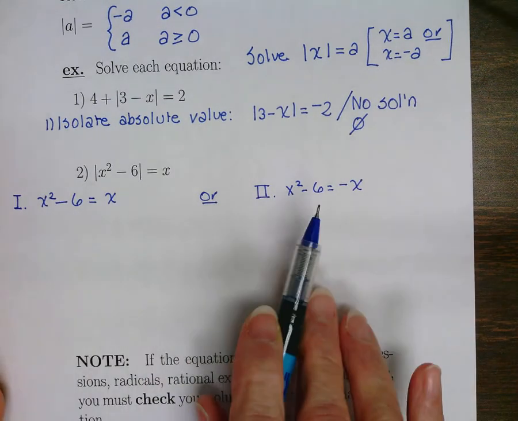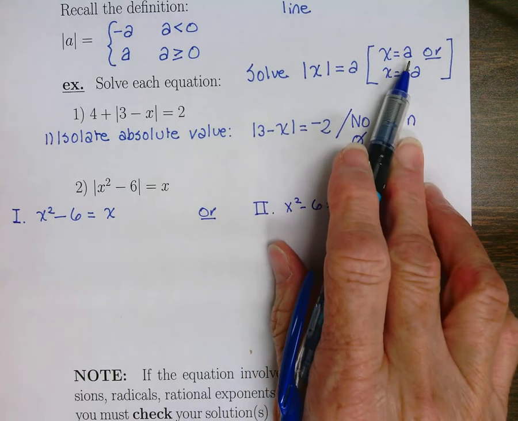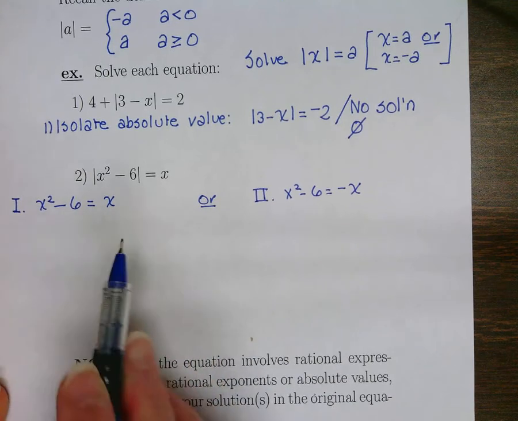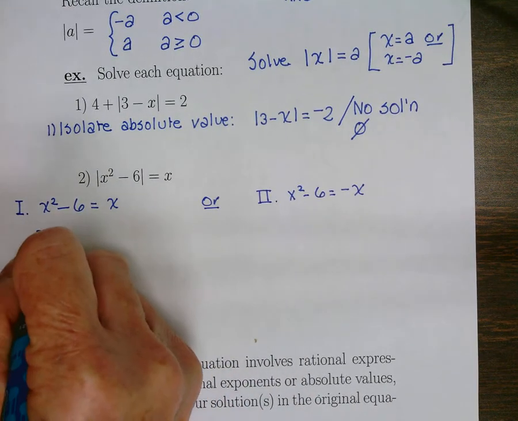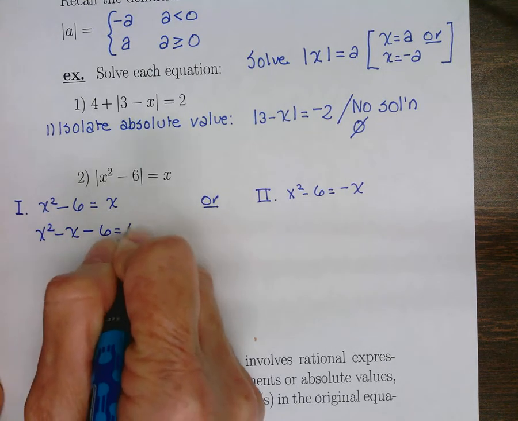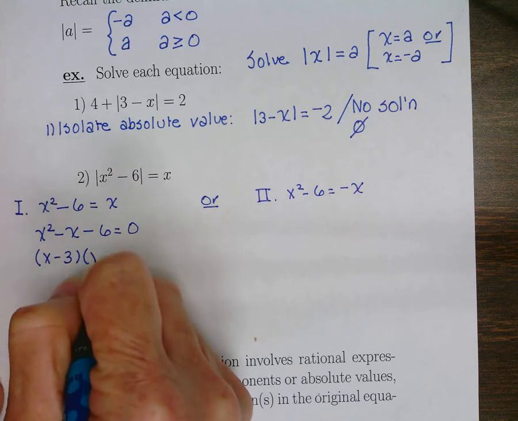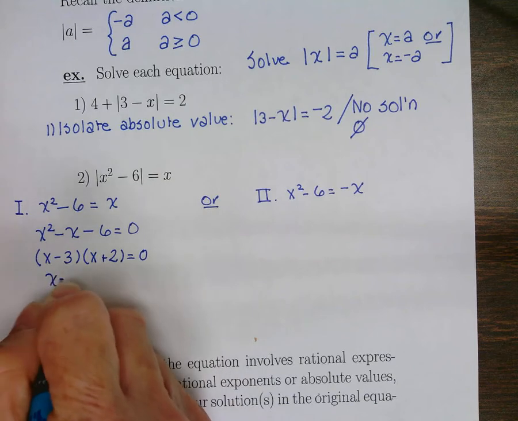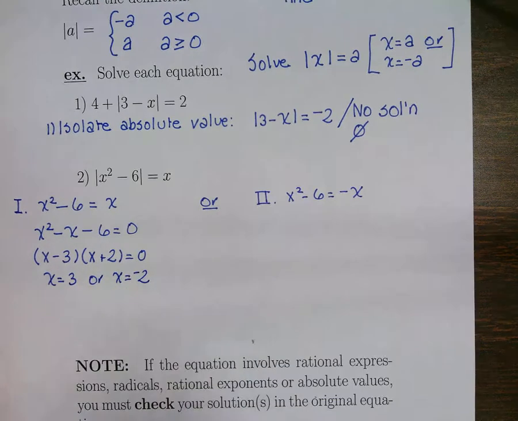There are two options, either x equals the number on the right-hand side, or its opposite. All right, so then we just solve them like any, in this case, quadratic equation. X squared minus x minus 6 equals 0, and this one happens to factor. So I see that x equals 3 or x equals negative 2.